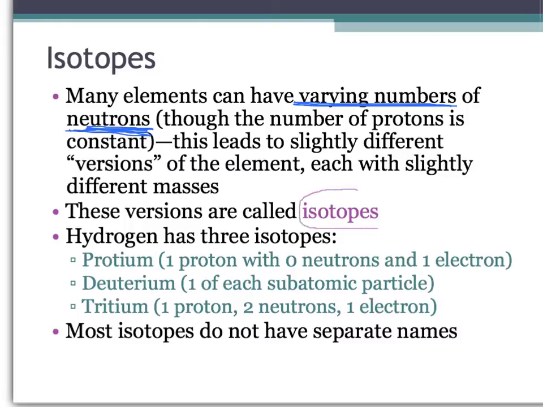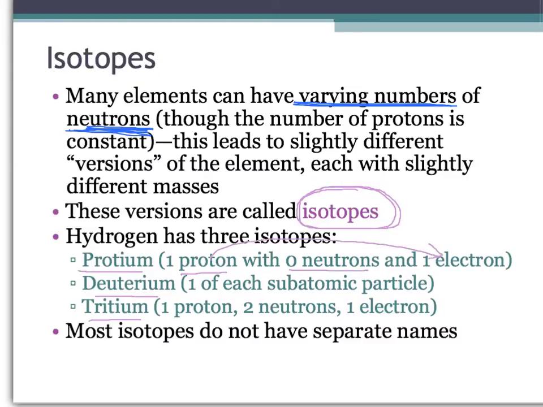So these different versions of one type of element are called isotopes. To stick with our hydrogen example, there are 3 isotopes of hydrogen. Usually they don't have different names, but in hydrogen's case, each isotope has its own name. So protium is the isotope that has just 1 proton and 0 neutrons. Because we know that the elements have to be balanced, right?